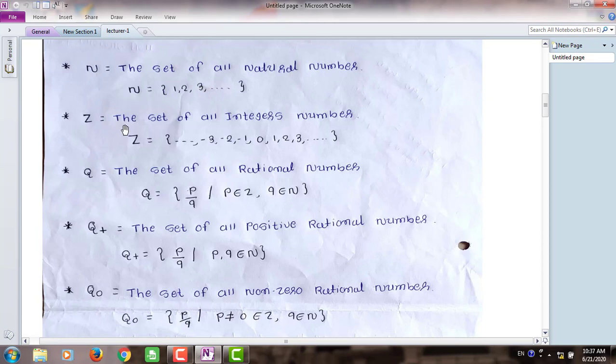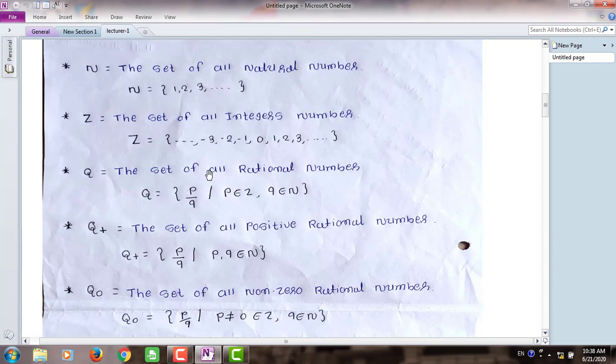Next set is the set of all integer numbers, and it is denoted by Z. Z is equal to negative integers, 0, positive integers; all integer numbers are included in Z. Next set is Q, the set of all rational numbers.